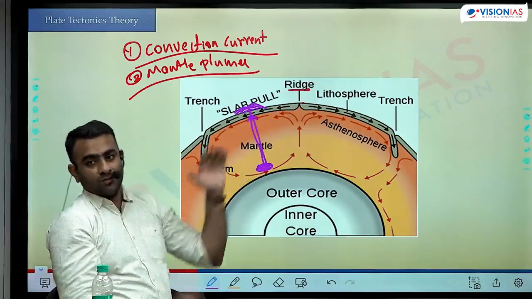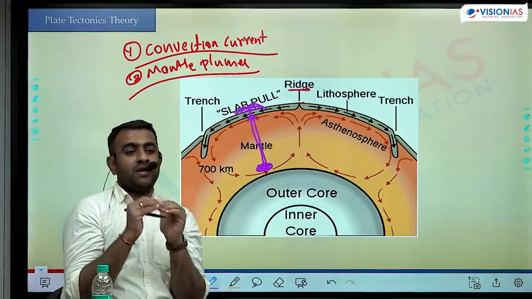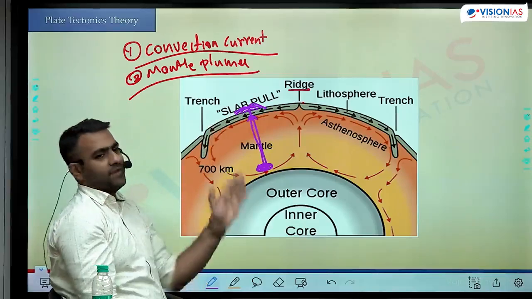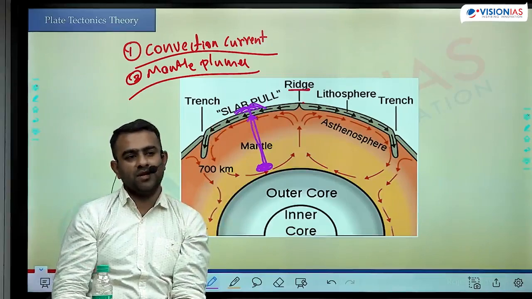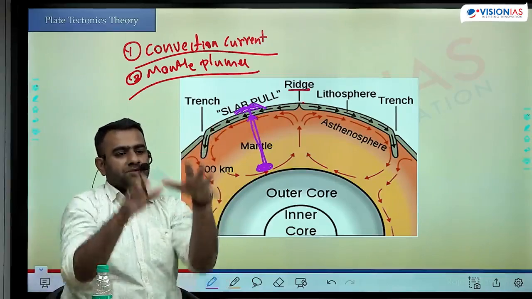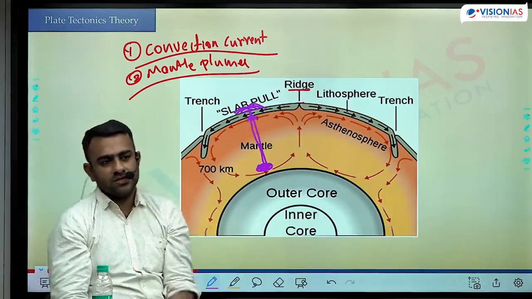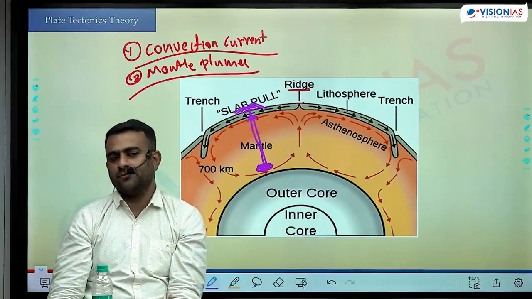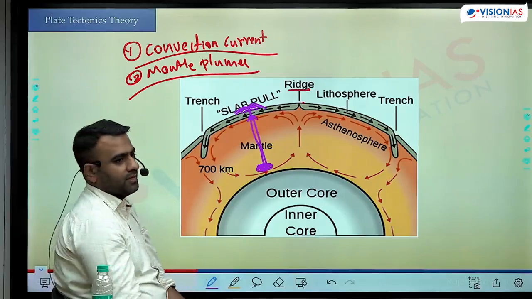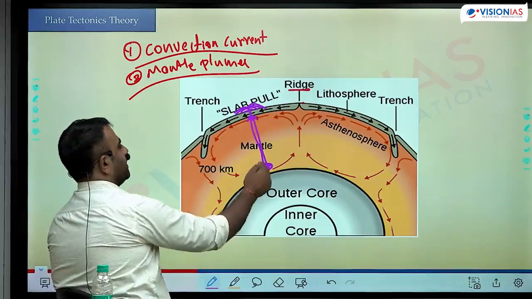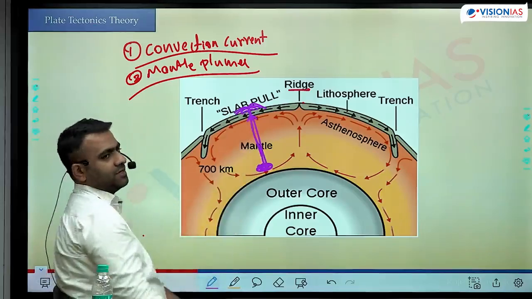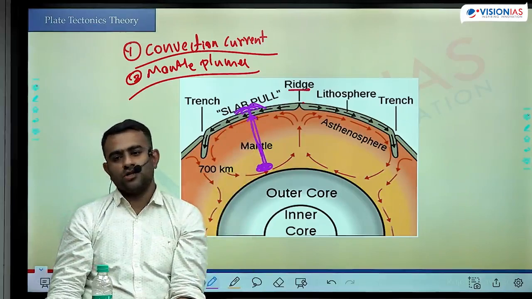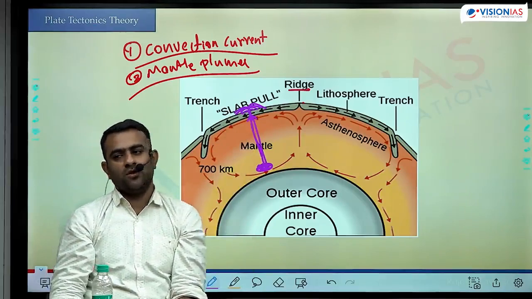Convection currents cause movement along the boundaries, plate margins. This happens mainly within the plate. जहाँ पर भी hit करेगा, extra push, extra energy, extra heat getting transferred. That is mantle plumes. Wherever there are mantle plumes, you will find volcanoes on top of it, which are called hot spots. इसको हम बोलते हैं hot spots.